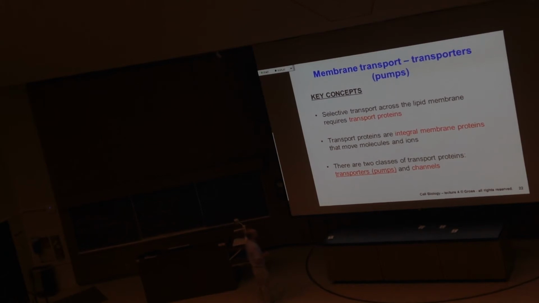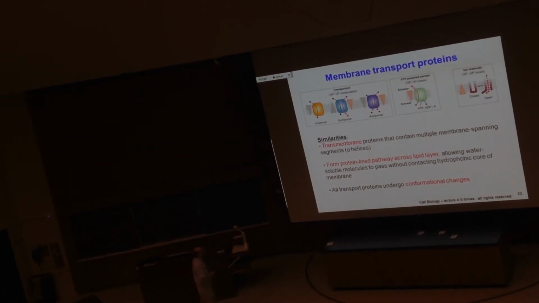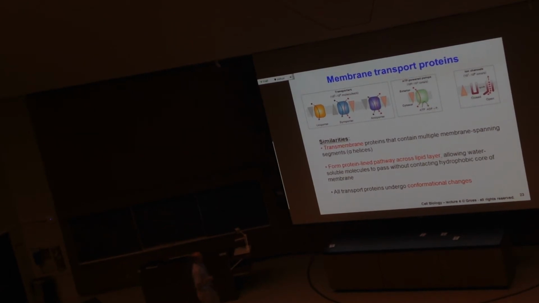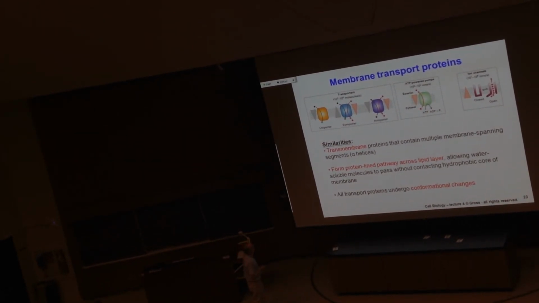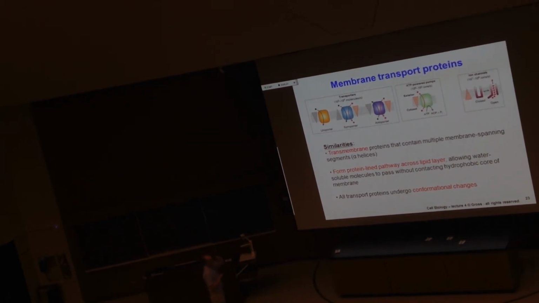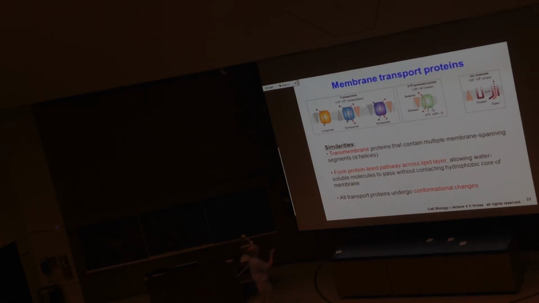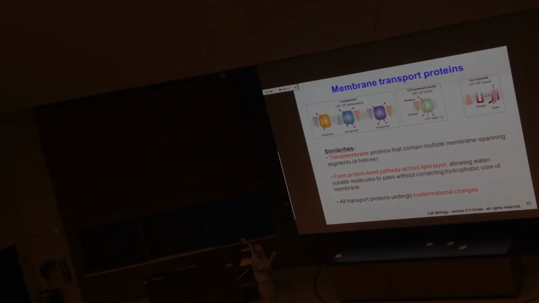So, the simplest transporter is what we call a uniporter, and that's going to transport things down their concentration gradient. A symporter or an antiporter couples the transport of two different things, where one thing is transported down its concentration gradient, and the other thing is simultaneously transported up its concentration gradient.